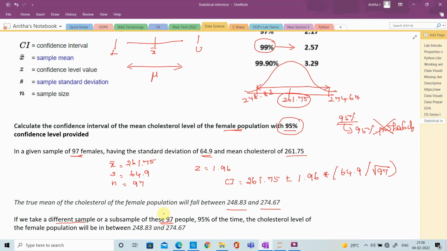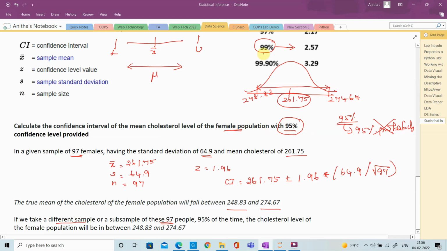So I can say with 95% confidence that if I repeat the experiment multiple times, almost 95% of the time my population mean will lie within this calculated confidence interval. That is what the 95% tells.